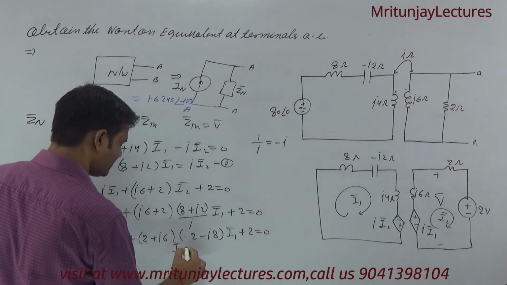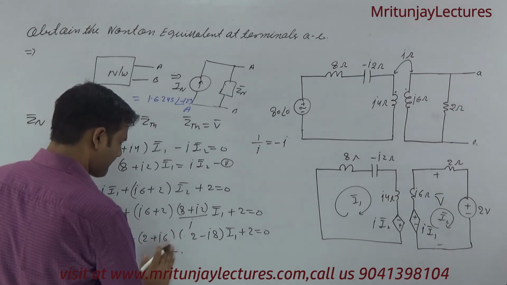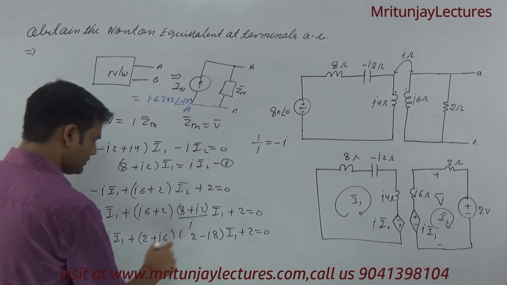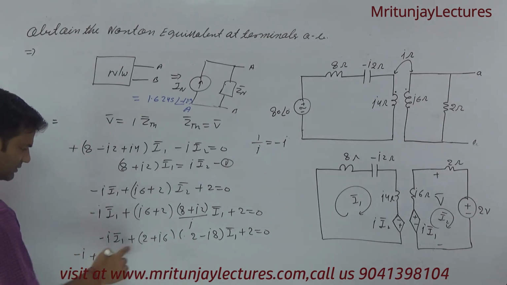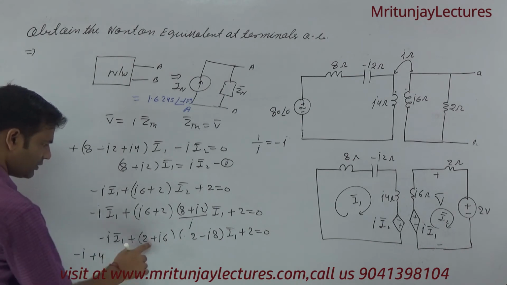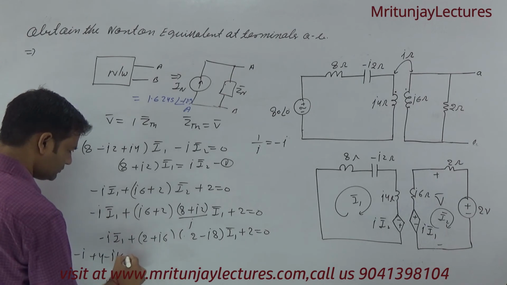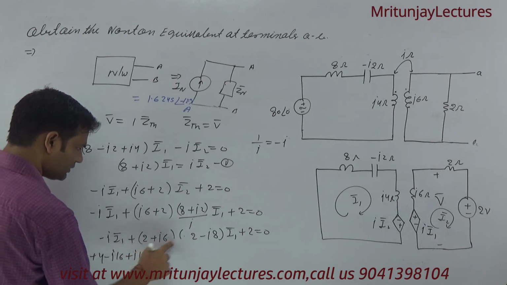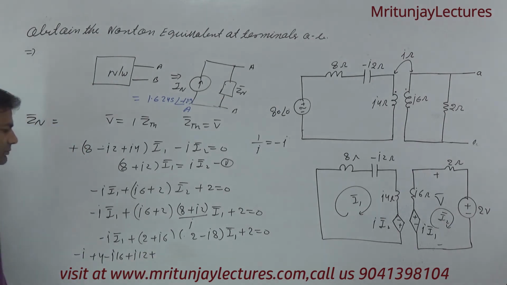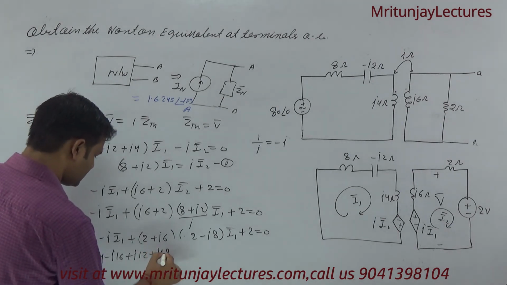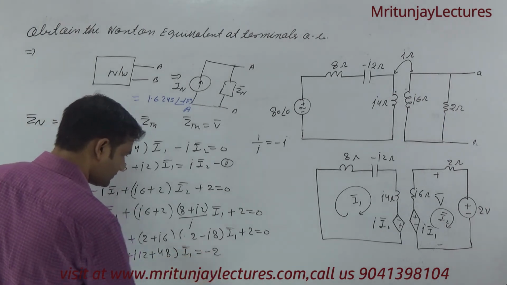If you determine I1, then 2 into 2 minus J plus 2 into 2 is 4, J 16, that is J 12 plus 48 into I1, this will be equal to minus 2.